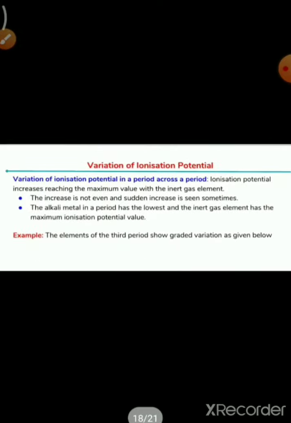Then variation of ionization potential across a period. Ionization potential increases, reaching the maximum value with the inert gas element. So in the previous video, we read how your atomic radius suddenly increases in case of your inert gas element.